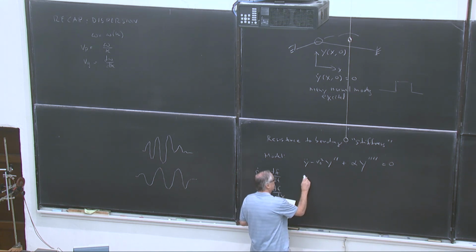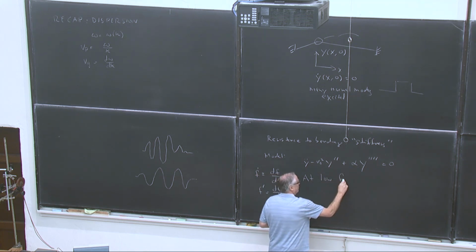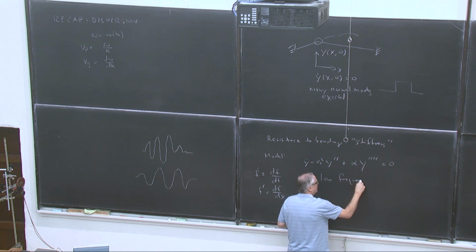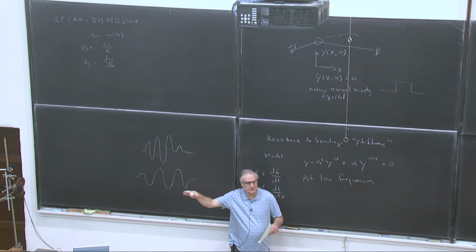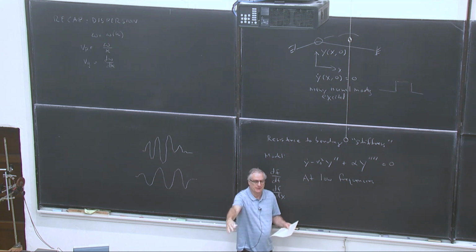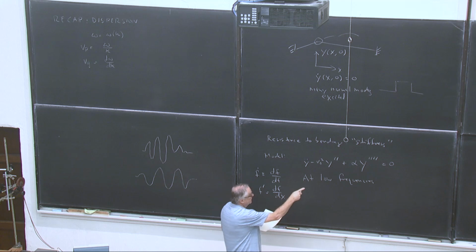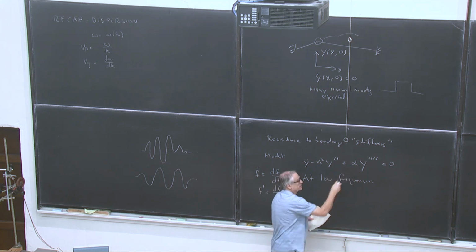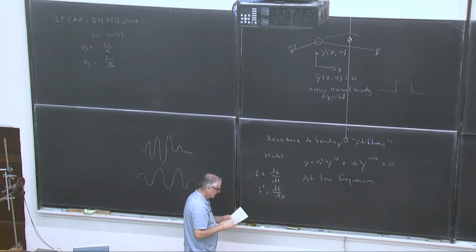So at low frequencies, there are only gentle bends in my wire. If I think about standing modes, the standing mode with a low frequency is a very gentle bend. And so at low frequencies, this term is not going to be so important.